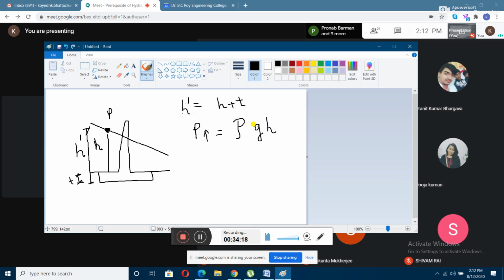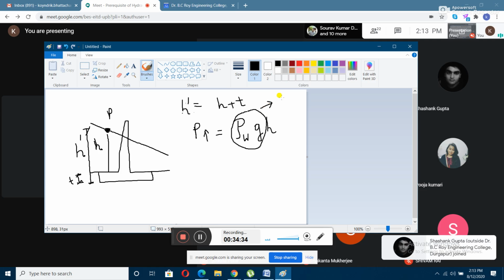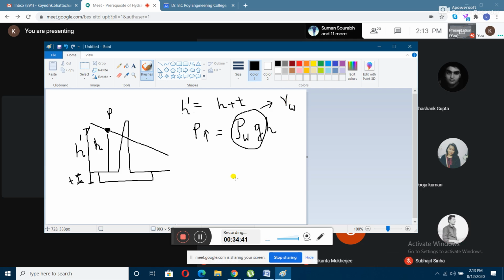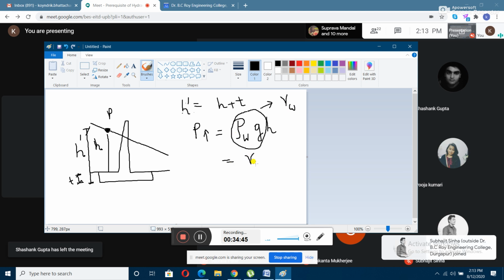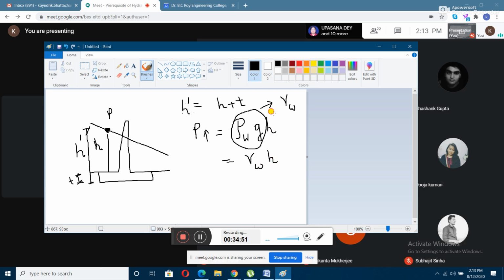Here there is only water, so rho will be rho w, and rho w into g will be equal to the unit weight of water, which in soil mechanics you have studied is denoted by gamma w. So the pressure acting upwards will be gamma w into h. Sorry, this one will be h dash.